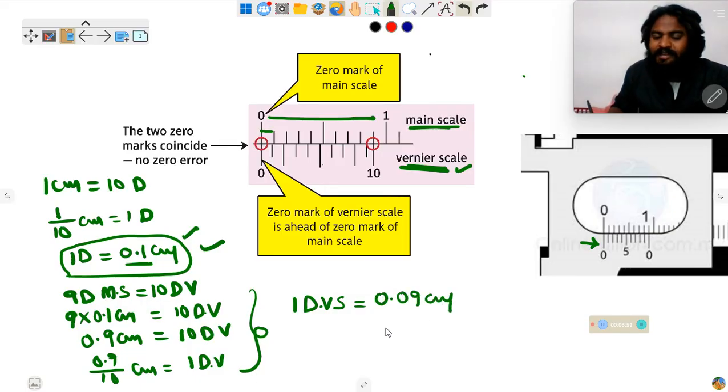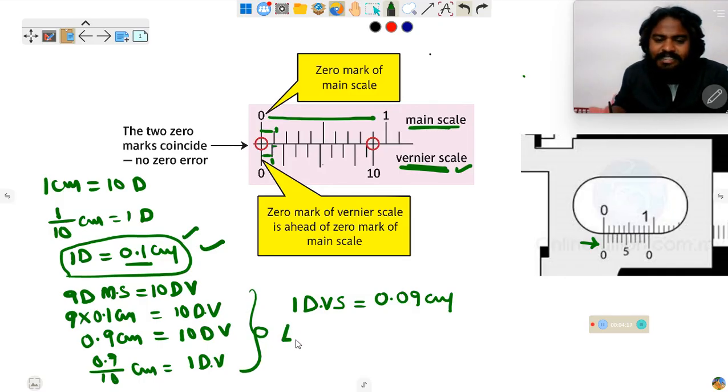0.09 centimeter. Okay? So now if you observe carefully, what is the gap between this first one and this one? This small gap is called nothing but the least count. Least count is nothing but one main scale division minus one Vernier scale division. Then you will get this small gap. This small gap between these two layers, right?